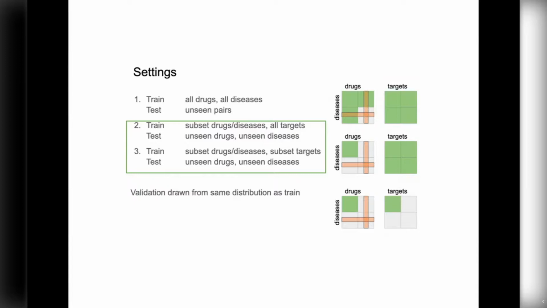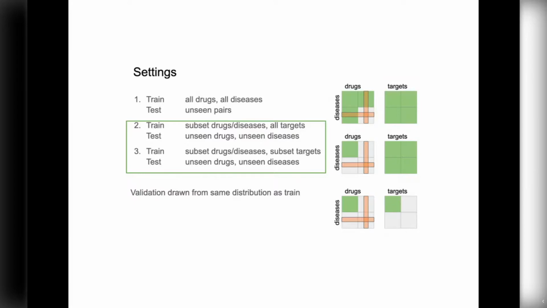The results that were reported in the paper considered the easiest kind of split, where the set of targets, molecules and diseases is the same for training and testing. You can just take new combinations, so it's a random split on the triples.